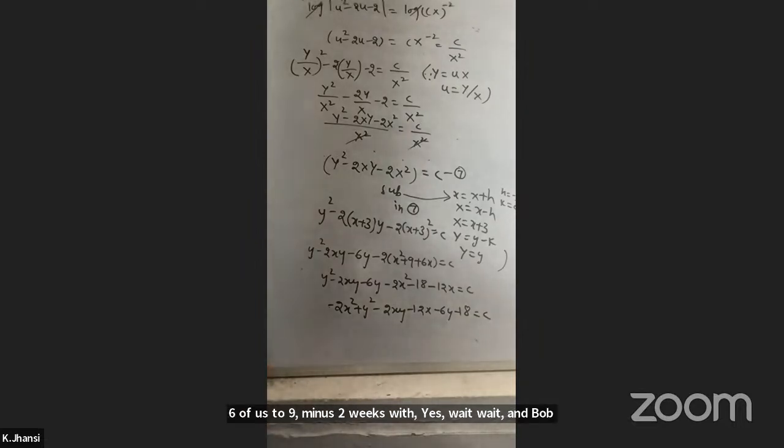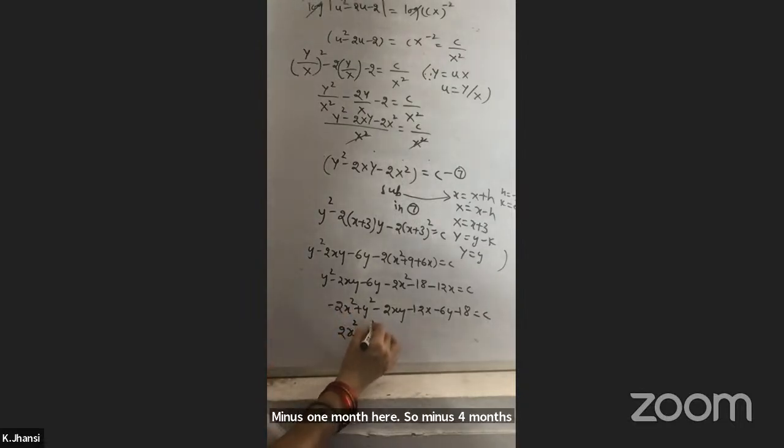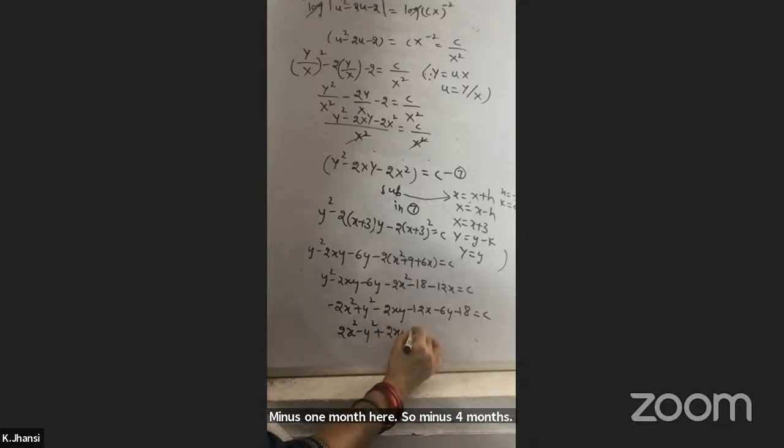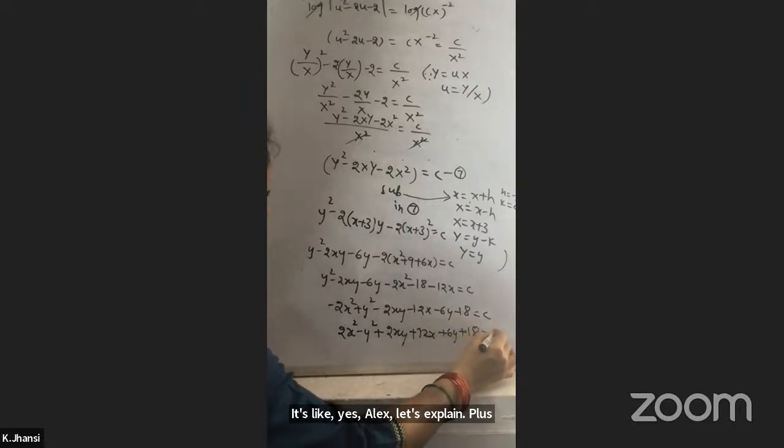So you can take minus common here. So taking minus common, it will be 2x square minus y square plus 2xy plus 12x plus 6y plus 18 equals 6.